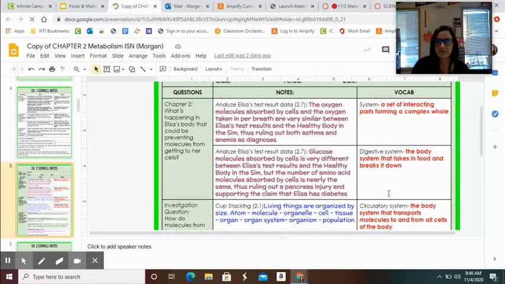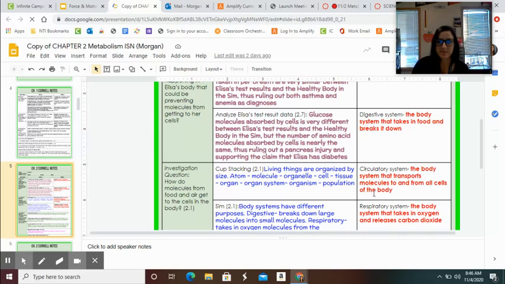Remember, you can pause the video at any time to get whichever ones you did not get. So I'm going to slowly scroll through, especially since this is the last lesson of chapter 2, in case you are missing any of these notes.